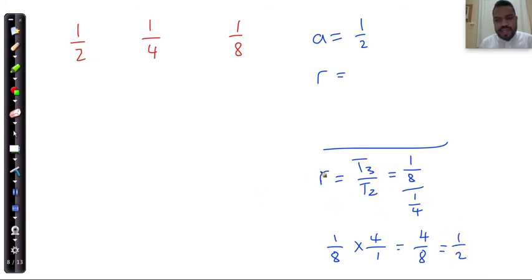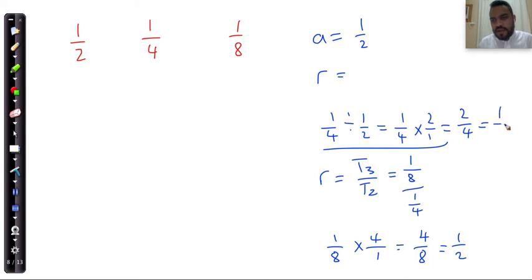Similarly, I can do that for 1/4 divided by a half, which is 1/4 multiplied by 2/1, tip and times once again, which gives me 2/4, which is 1/2.